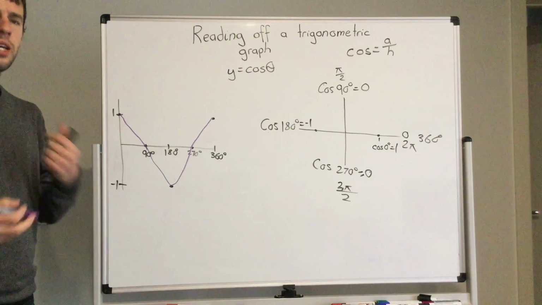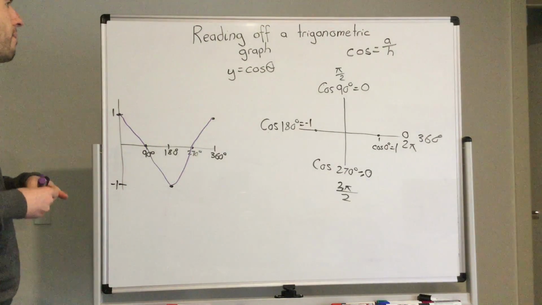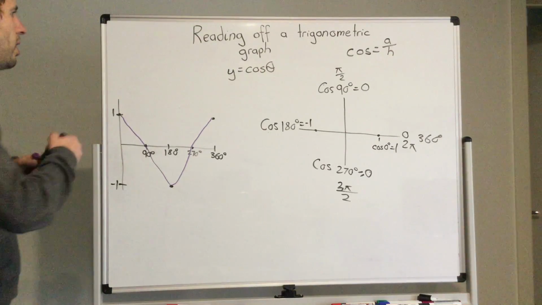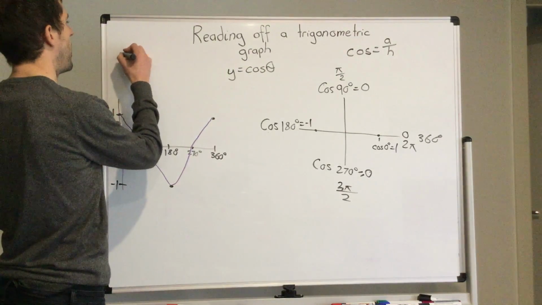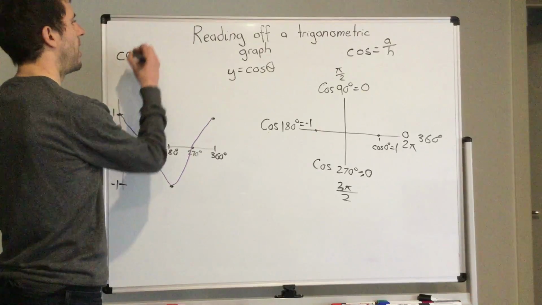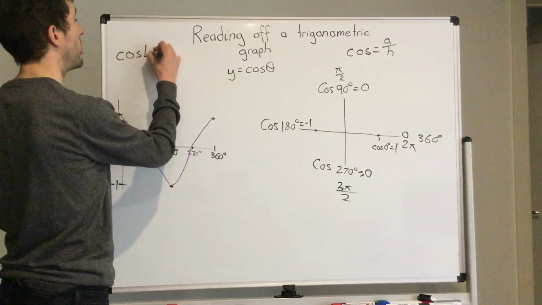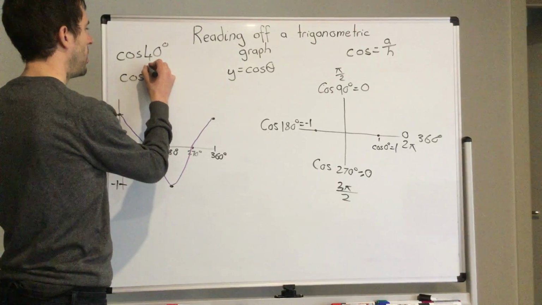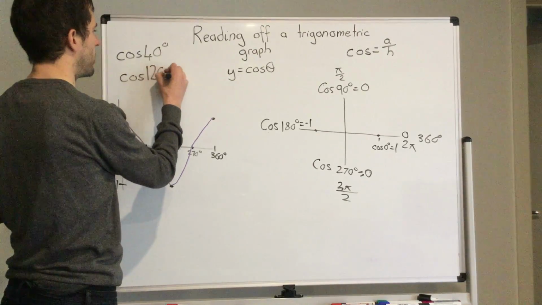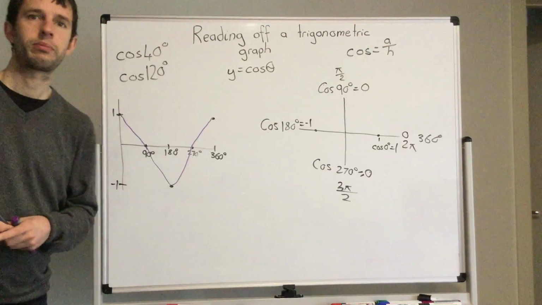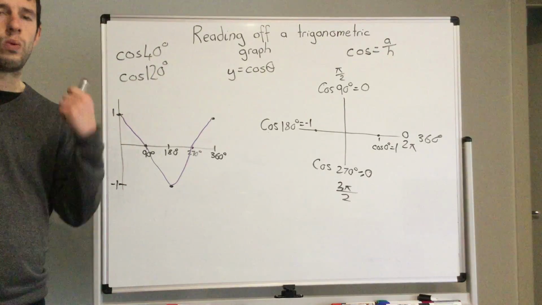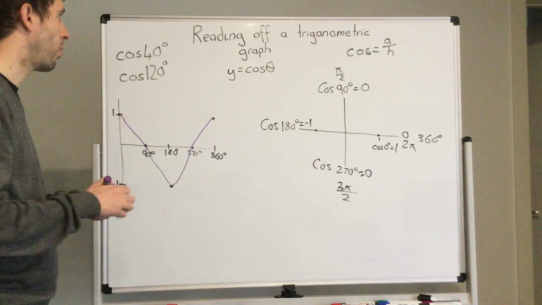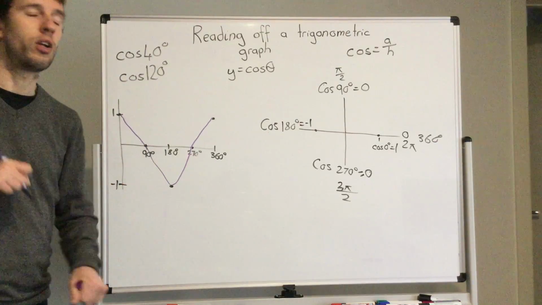Now, if I want to think about what is bigger, I'm going to write two cosines down. So I've got cosine 40 degrees and cosine 120 degrees. Just remember, we can use a calculator to work this out as well, but I want us to really see it on the graph.